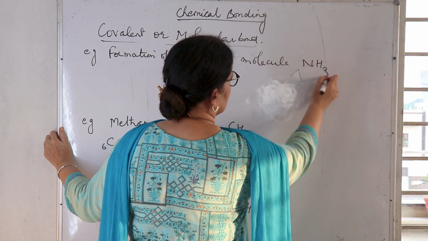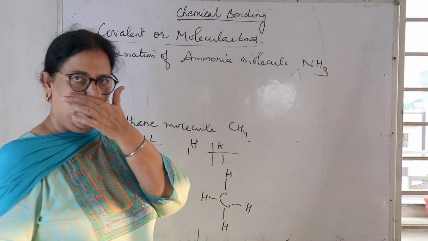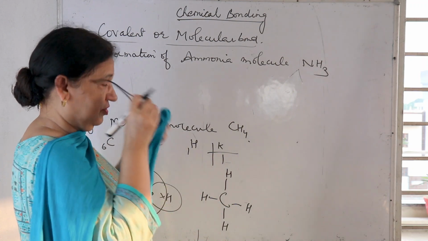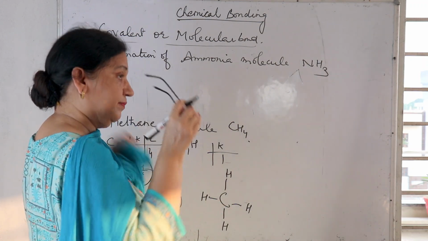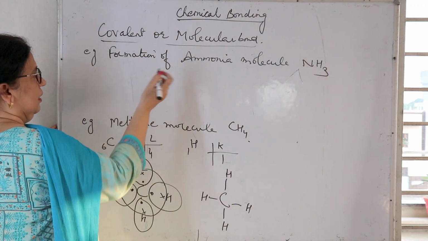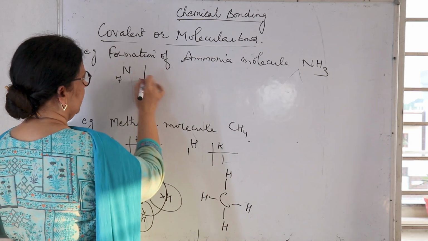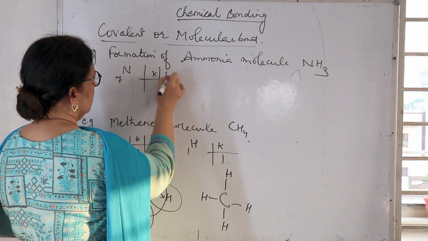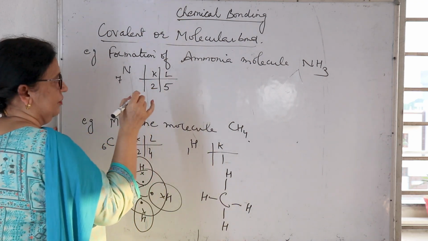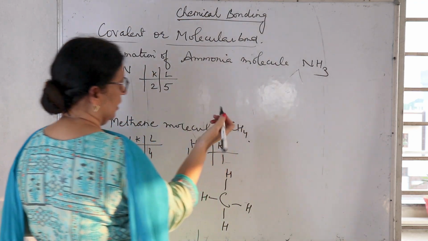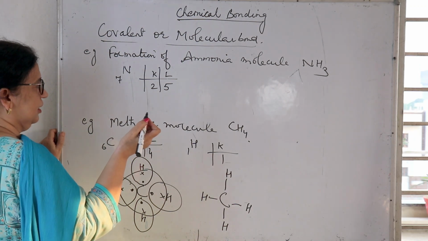That is NH3. So nitrogen atomic number 7. If we write the configuration, then it is having 2 and 5, and hydrogen we know that it is having 1 electron in the K shell.